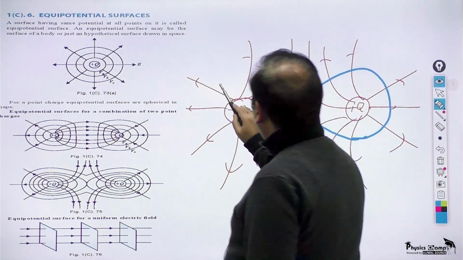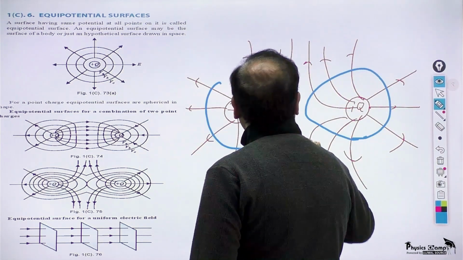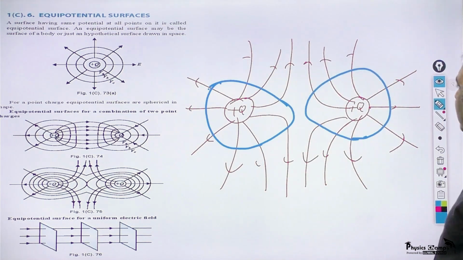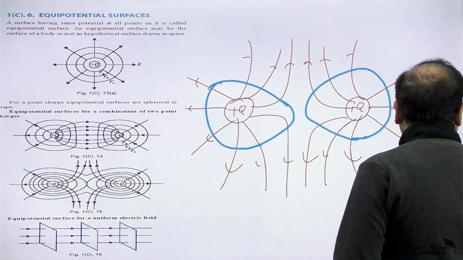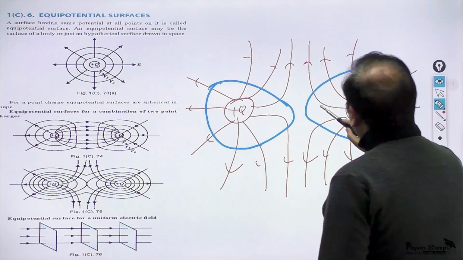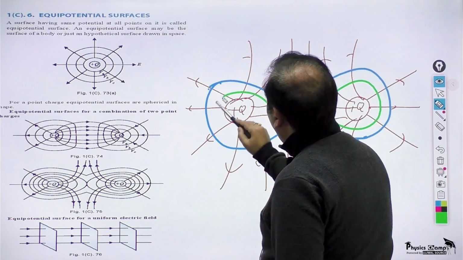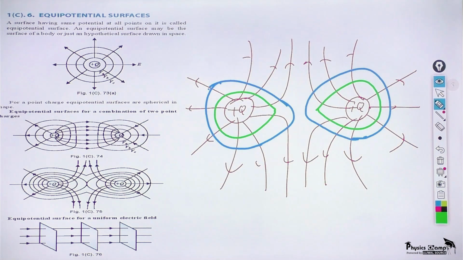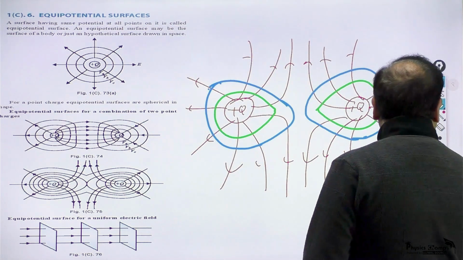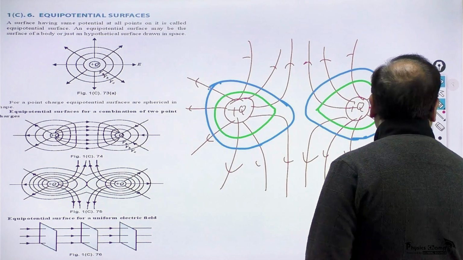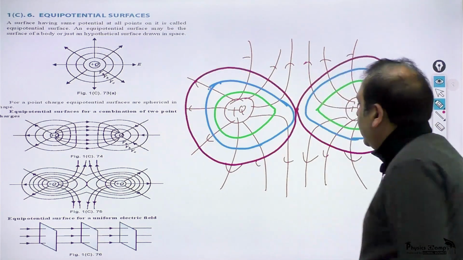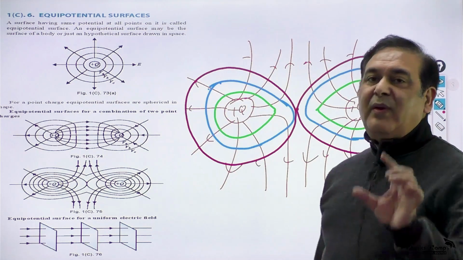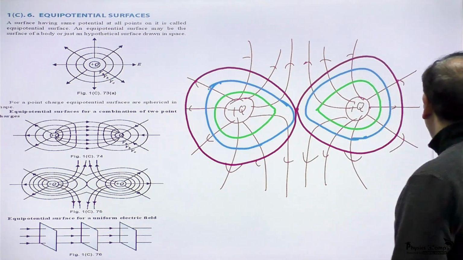I would like to draw with different colors to give you the idea that they are equipotential surfaces of different values. This is the kind of equipotential surface in case of like charges.